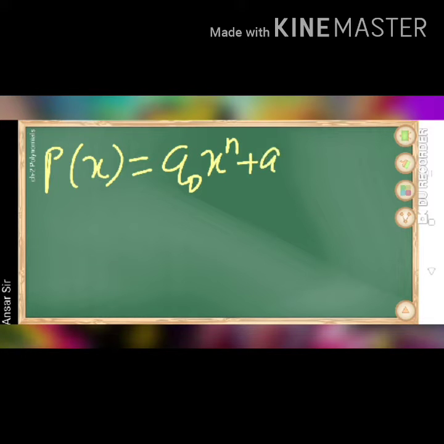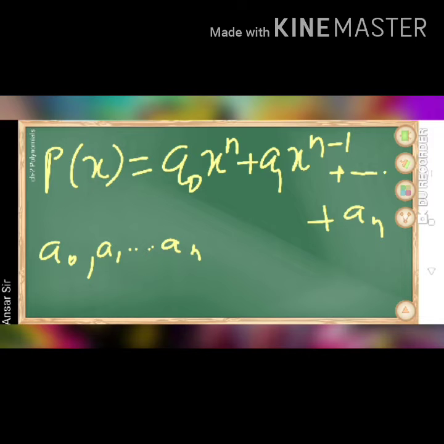Now let us discuss the standard form of a polynomial in one variable. The standard form is p of x equals a0 x to the power n plus a1 x to the power n minus 1 plus dot dot dot plus an, where a0, a1, dot dot dot, an are real numbers.